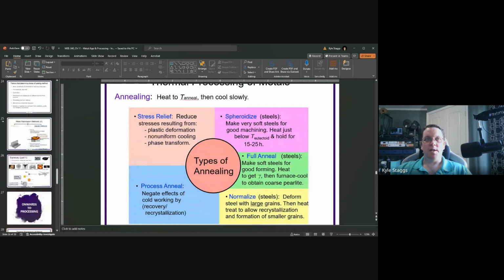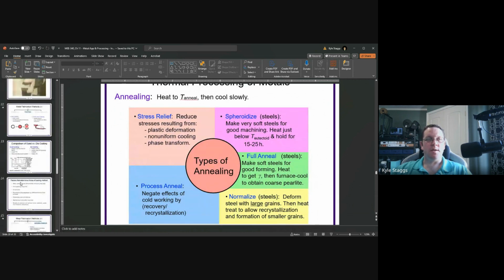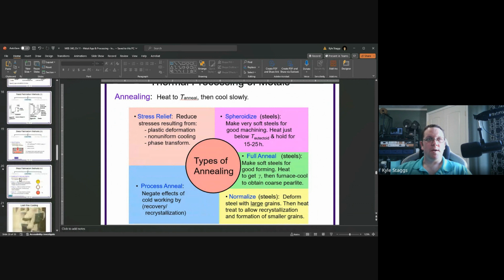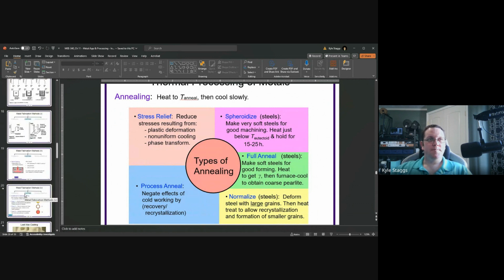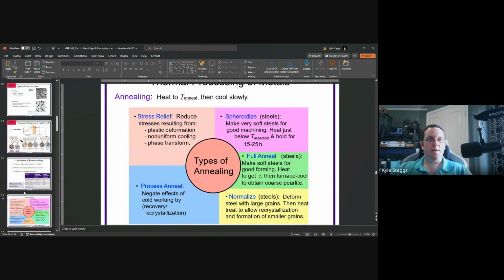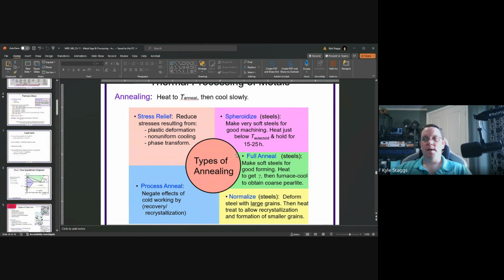Different types of annealing. There's a lot of different things that I could identify there. There could be a lot of questions about phase diagrams and other things as well. So those are important.